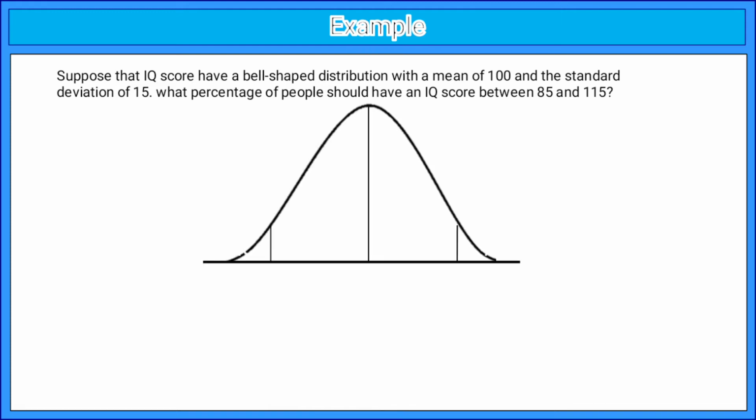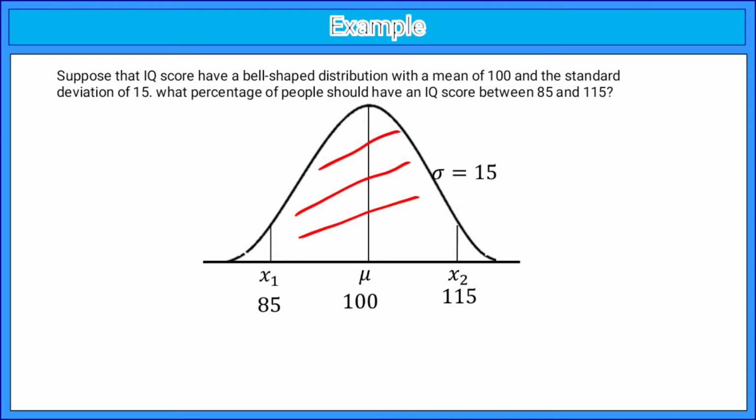Given this kind of distribution, we're just going to plot first. Our standard deviation will be 15 according to the given, our first x will be 85, so it will lie here, and our second x will be 115, and our mean will be 100. So we're going to get the area of this part.